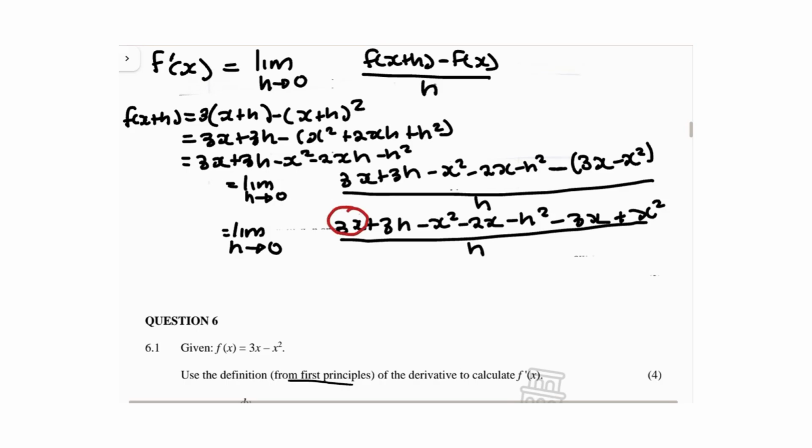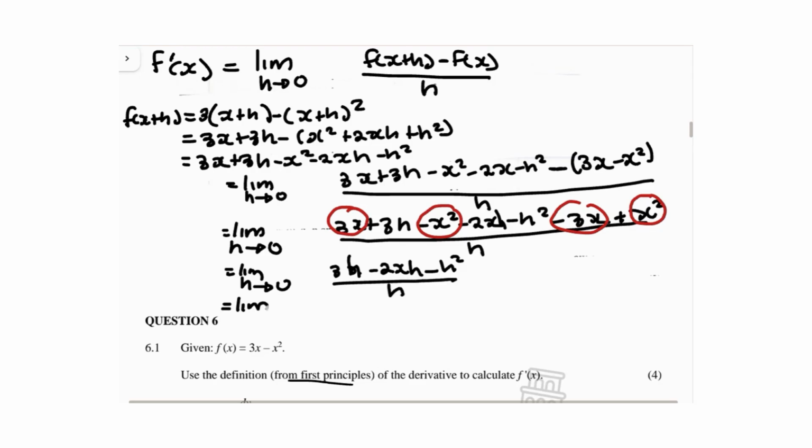Our 3x subtracts with the negative 3x, and our negative x² subtracts with the positive x². So, the limit as h tends to 0, we are left with 3h - 2xh - h², all divided by h. Sorry guys, I omitted an h there.